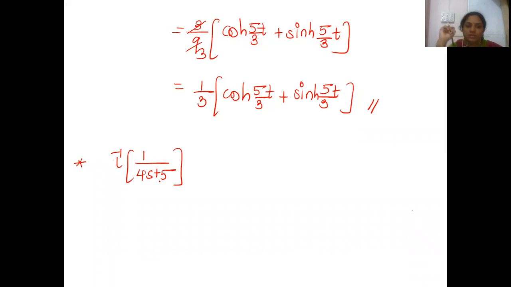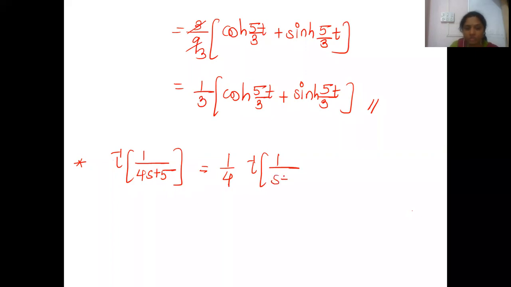Is it standard? No. So we have to make it standard. The standards are like s or s square, but here with s there is 4. So what will we first do? Take out 4 from the denominator, so 1 by 4 into e raised to minus 5... we are taking 4 common from both terms.